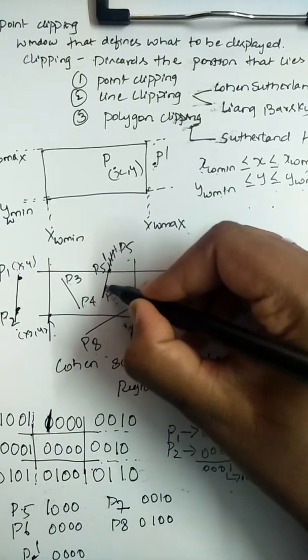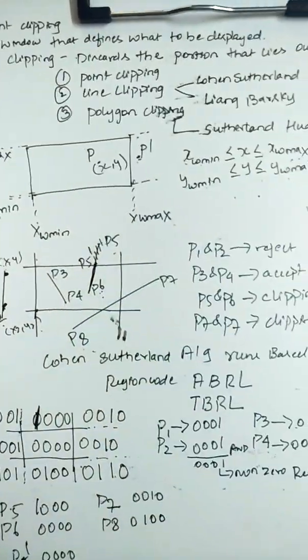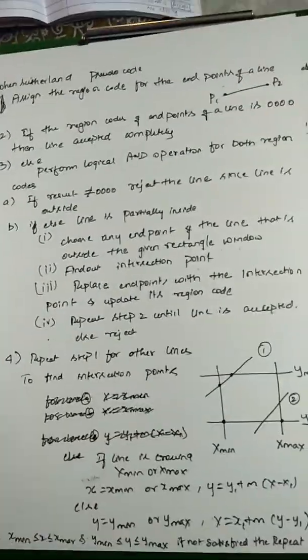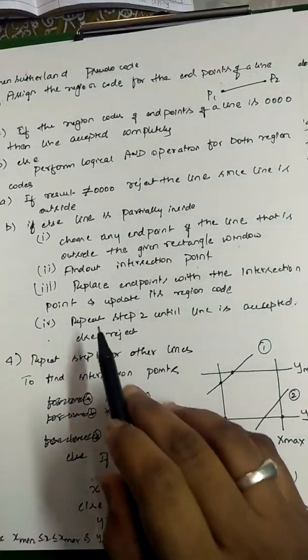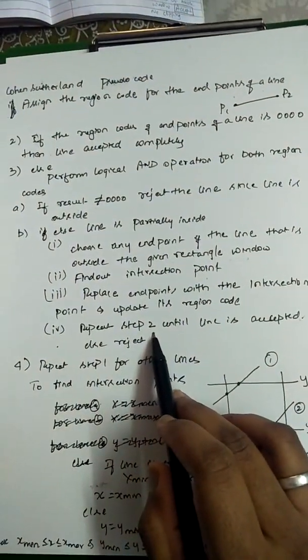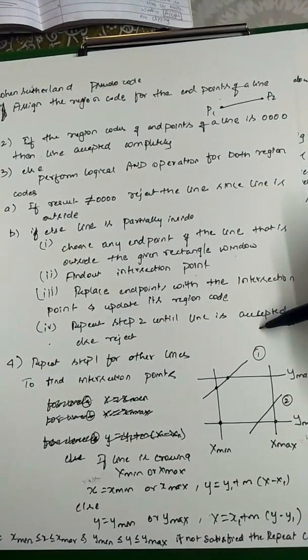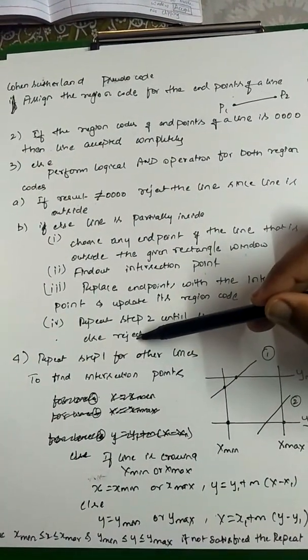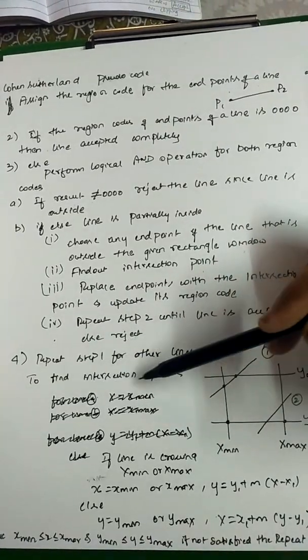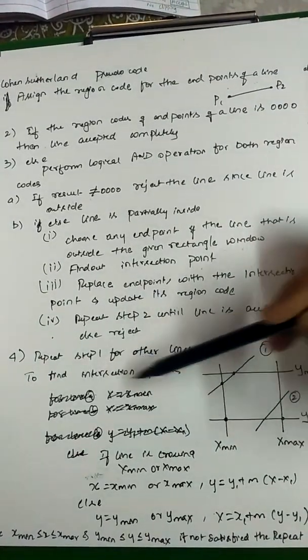I'll be drawing only this line. Fine. Come back to the pseudocode. Repeat step 2 until the line is accepted. Else reject. Repeat step 1 for other lines to find the intersection point.